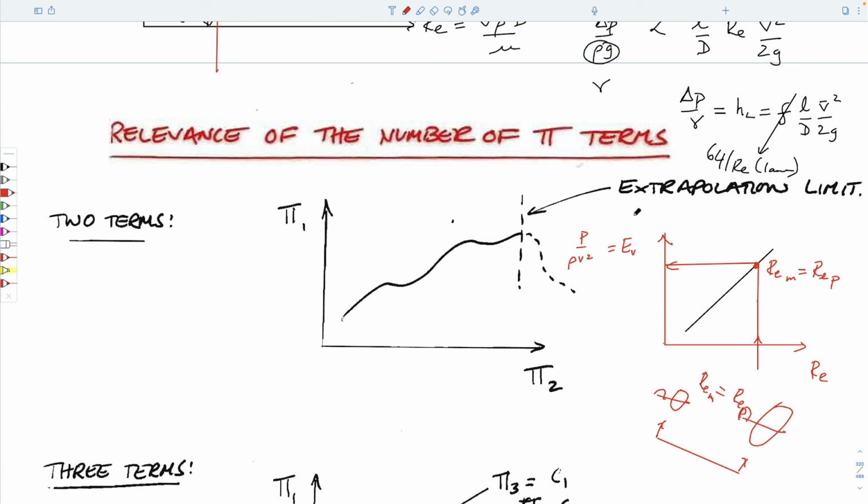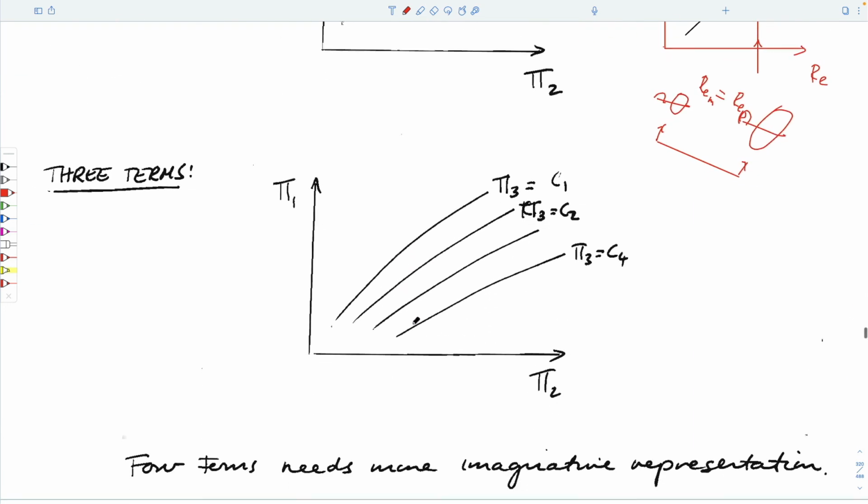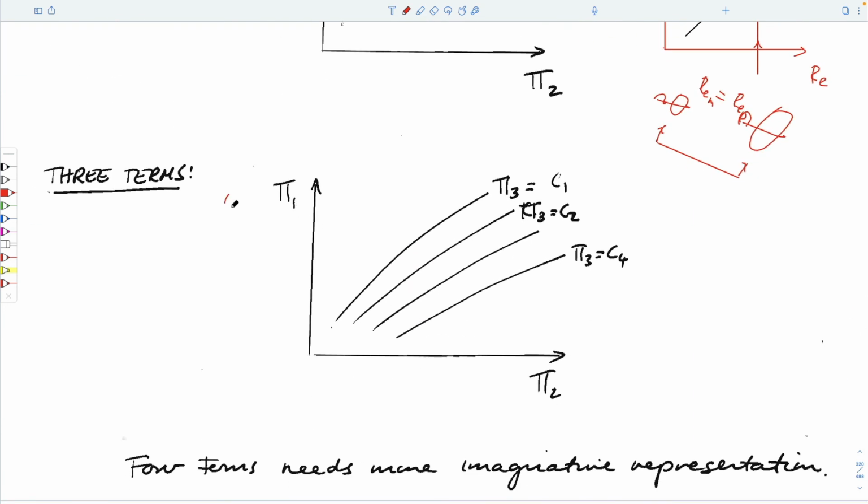If there are more than two terms in our equation, as there seemingly are here, then that translates to this, maybe.